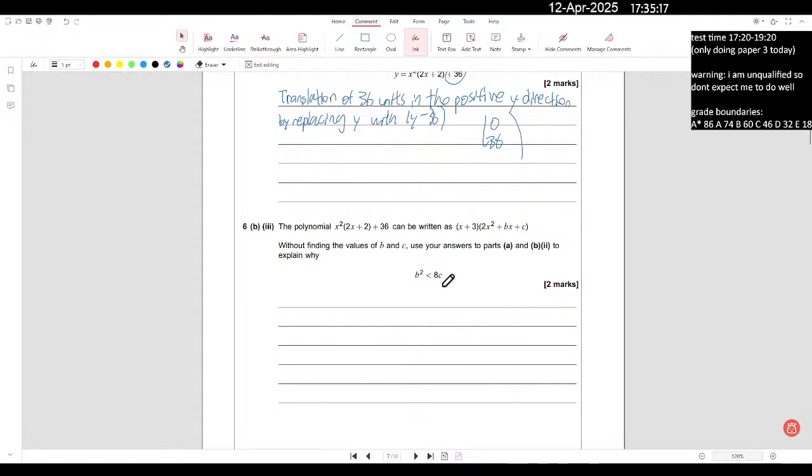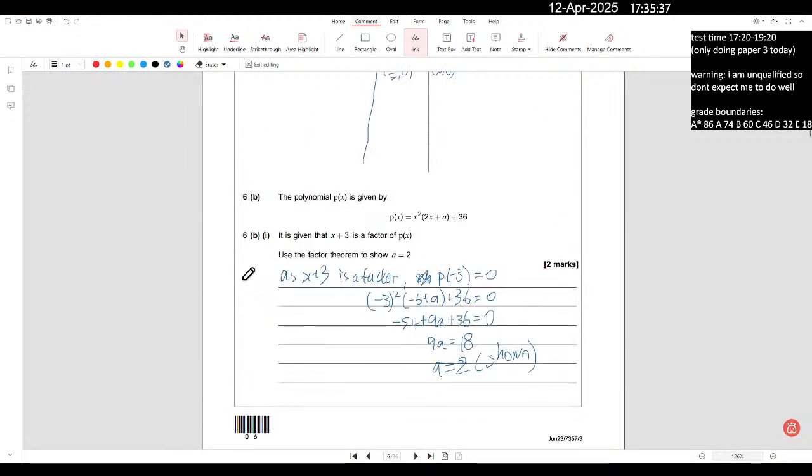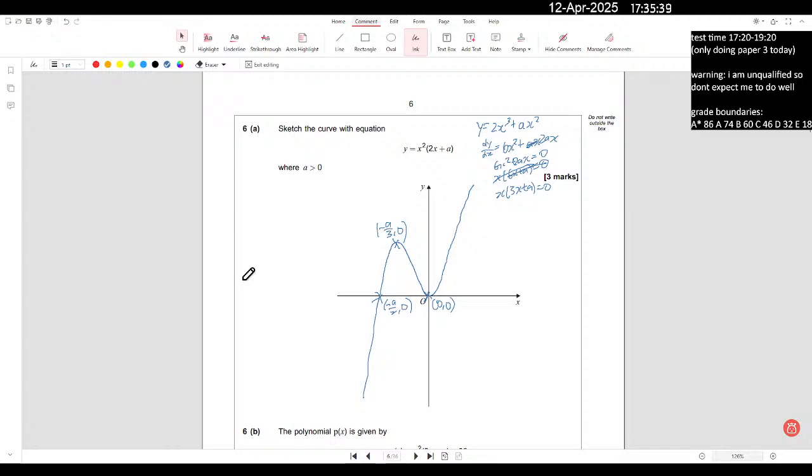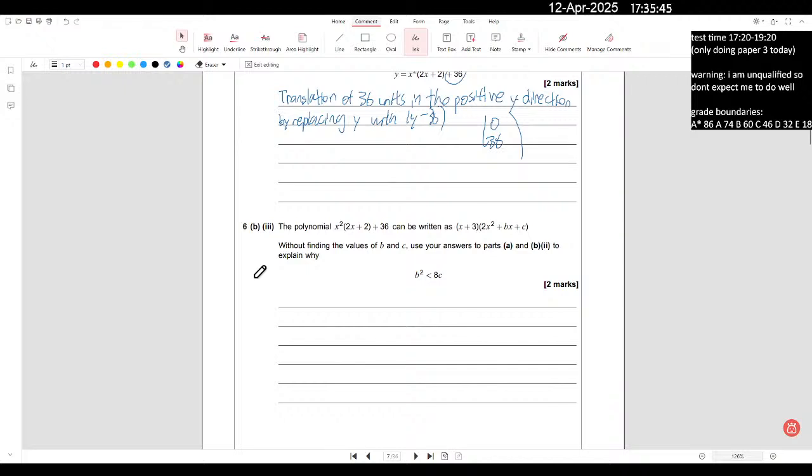So b squared less than 8c is going to be something to do with b squared minus 4ac, the discriminant. But how the hell does that have to do with anything? Like with this? I mean, I gotta take a look. X squared 2x plus 2.